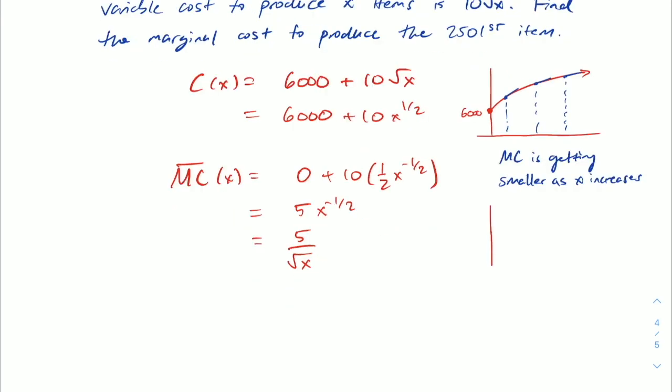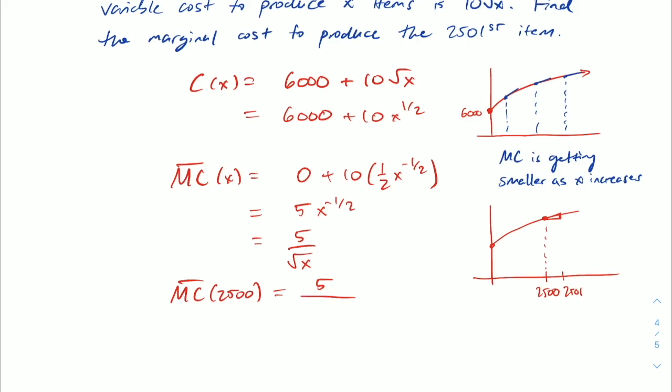All right, so to find the cost of producing this 2,501st item, we're going to put in the value 2,500. And the reason is the increase from 2,500 to 2,501 is what we're interested in. Okay, so we're going to put 2,500 into our marginal cost.